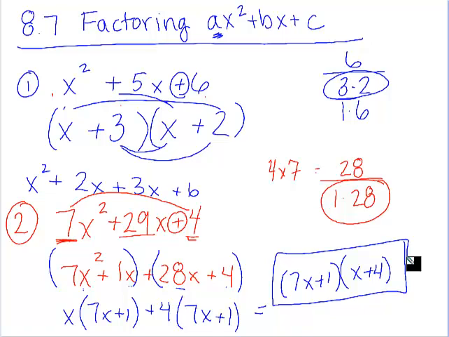Okay, we're going to do this same problem, but I'm going to show you the other way to do it. And like I said, either way is fine. You're going to have to pick which way makes more sense to you and do it that way. So same problem, 7x squared plus 29x plus 4.